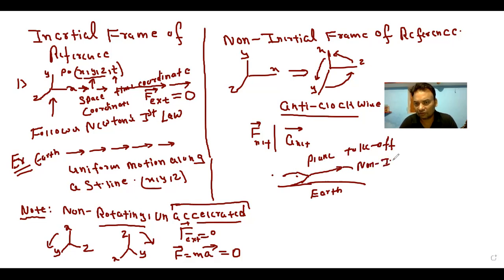So a plane taking off or landing on the earth is non-inertial, but the earth is inertial.